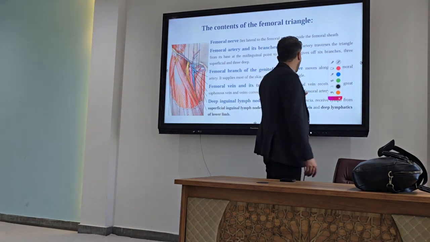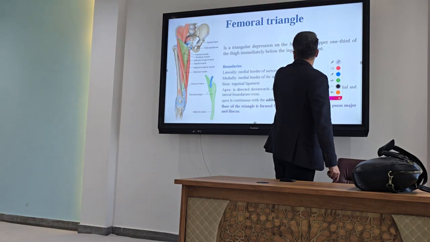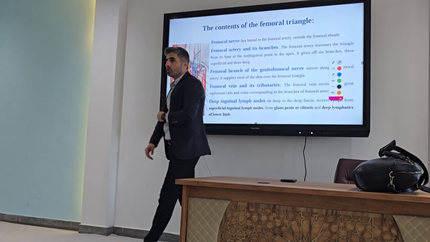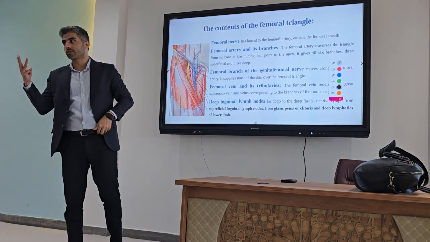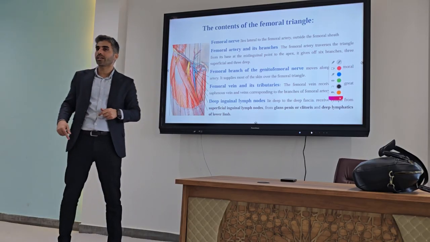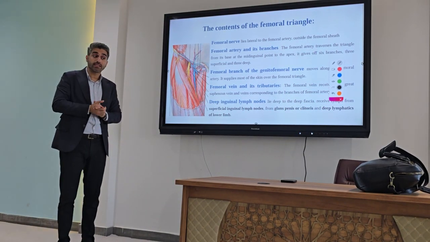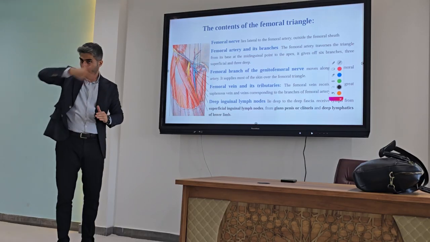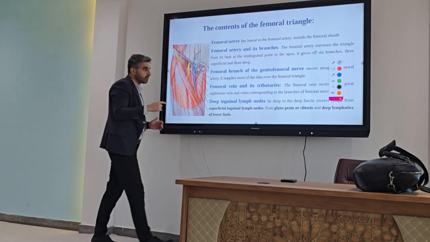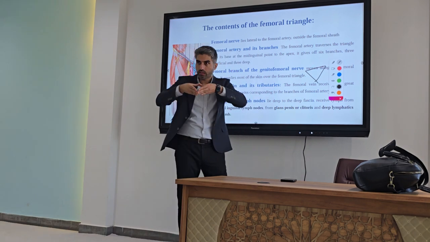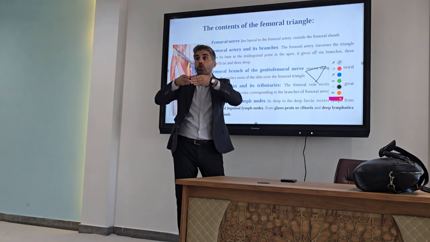So, why is this triangle important? Let me tell you. Inside of this triangle, you have 3 big structures. The muscles are the walls of the triangle. When we say triangle, like this for example, muscles make this triangle.